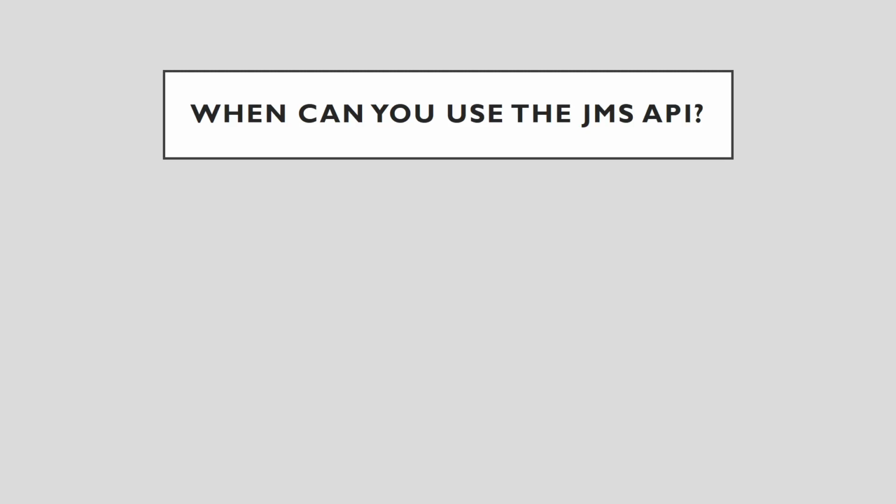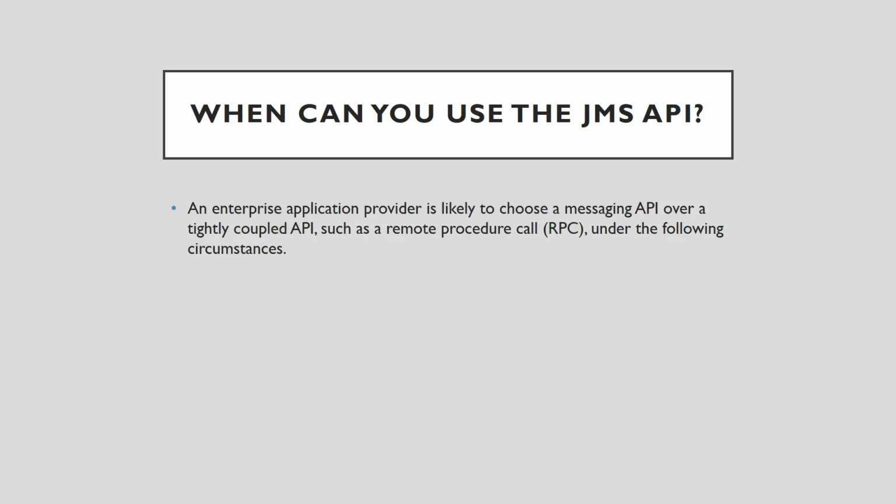Now, when can you use the JMS API? An enterprise application provider is likely to choose a messaging API over a tightly coupled API, such as the remote procedure call, or RPC, under the following circumstances.